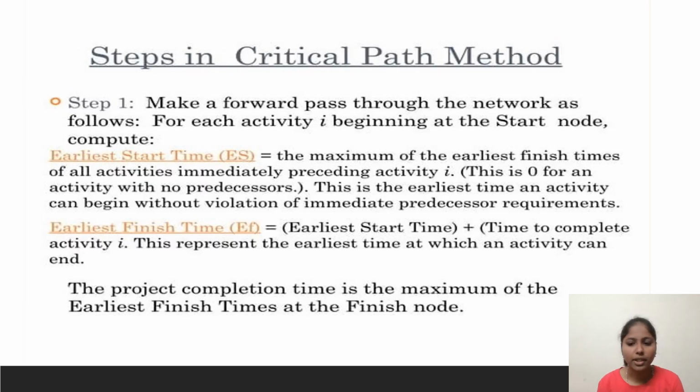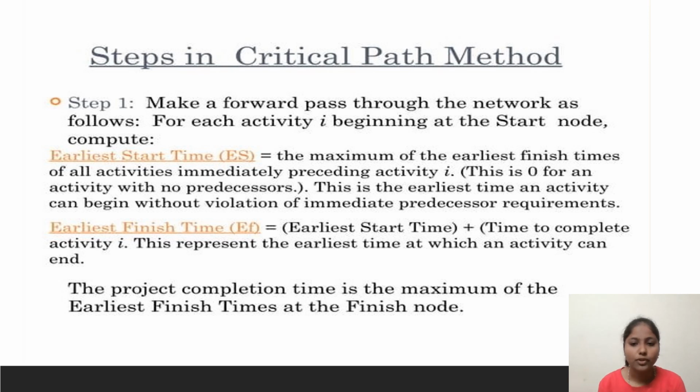Then, steps in the critical path method. First, make a forward pass through the network as follows. For each activity I, beginning at the start node, compute the earliest start time and the earliest finish time. What is the earliest start time?